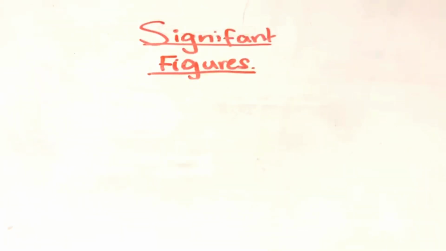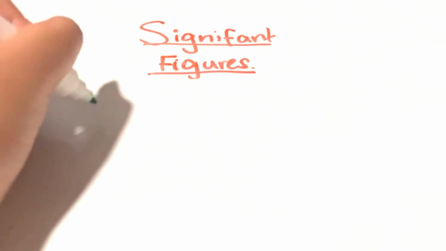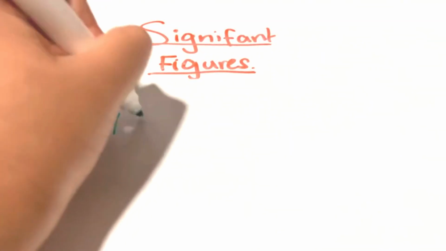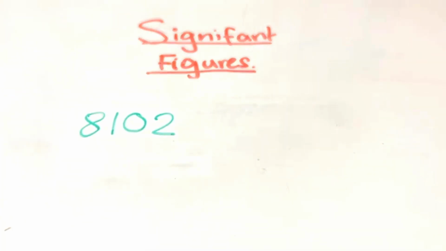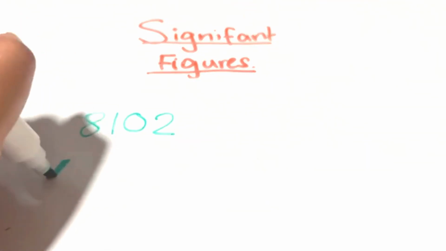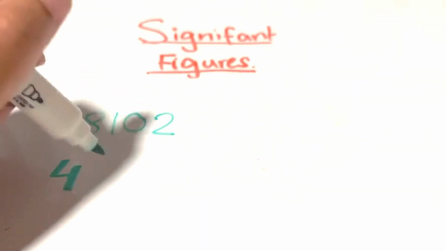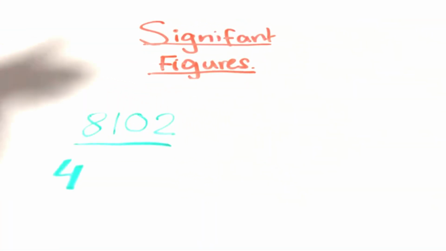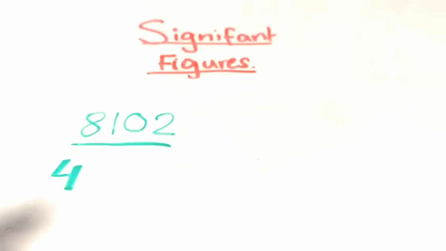Lastly, let's look at this type. If we have an example number like 8102, can you guess how many significant figures there are? Well, there are 4 significant figures over here. This is because all of these numbers tell us exactly the amount of this number.